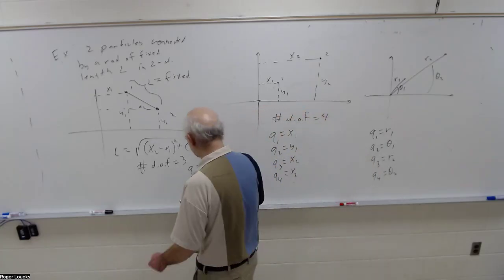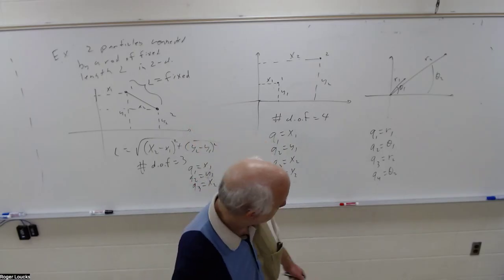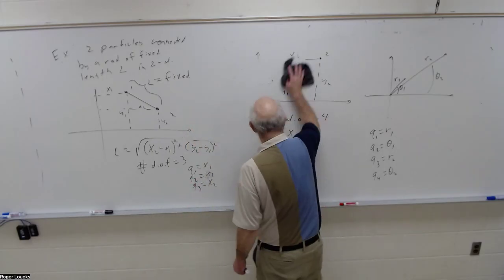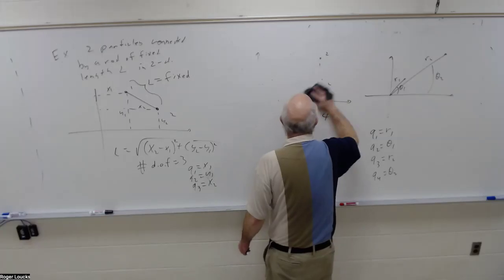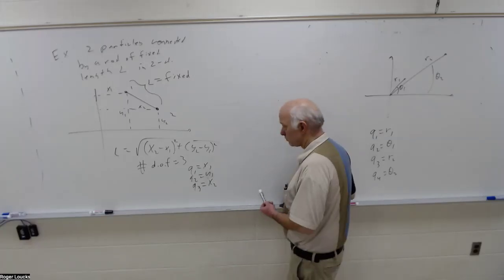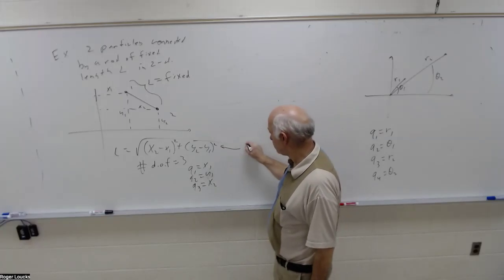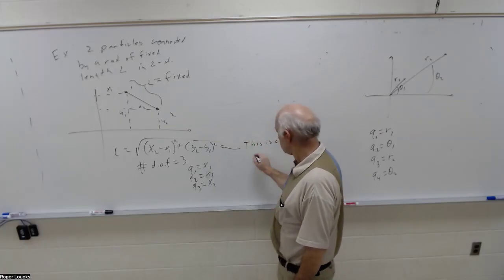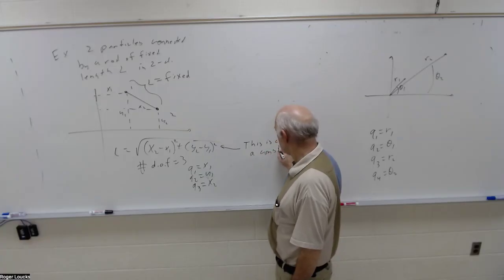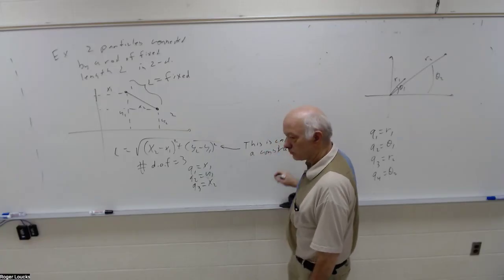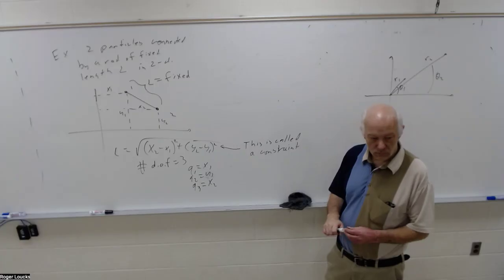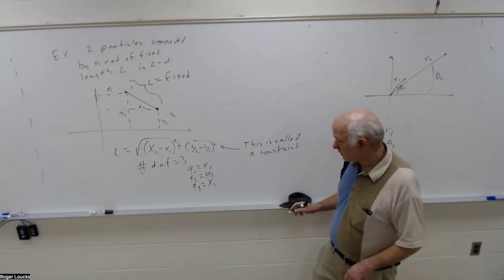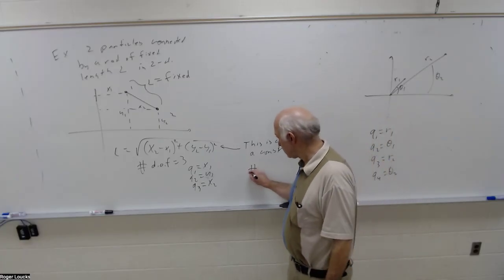What this expression here means is that this is called a constraint. What we see here is the number of degrees of freedom.